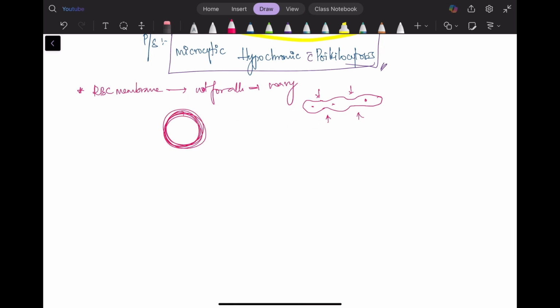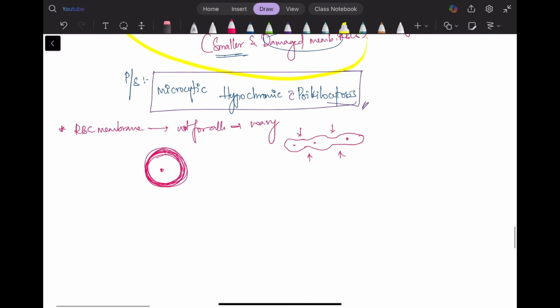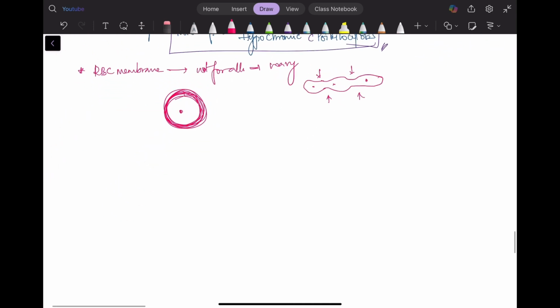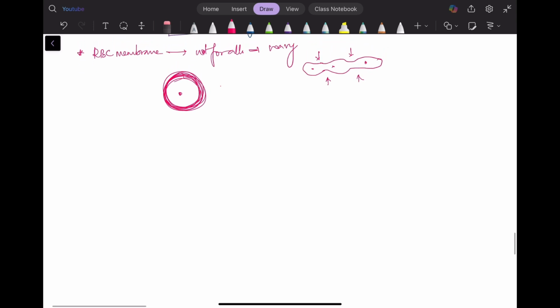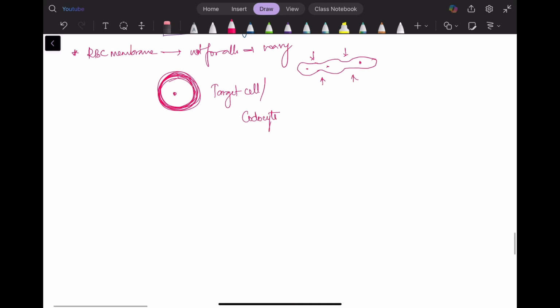It looks like the target you shoot an arrow at, right? It looks like a target cell, or you call it a codocyte. How does it look like this?